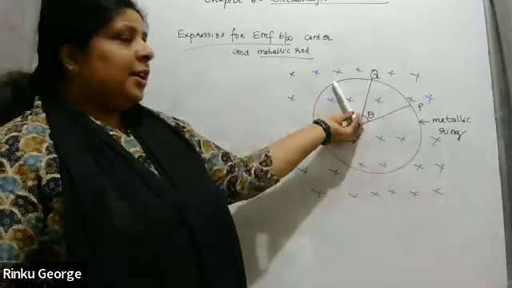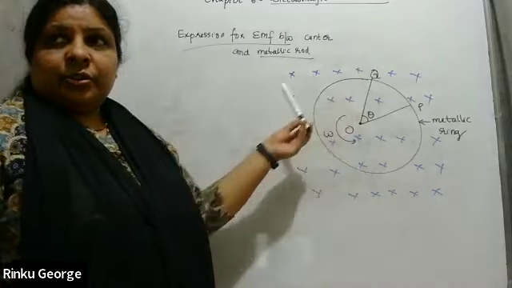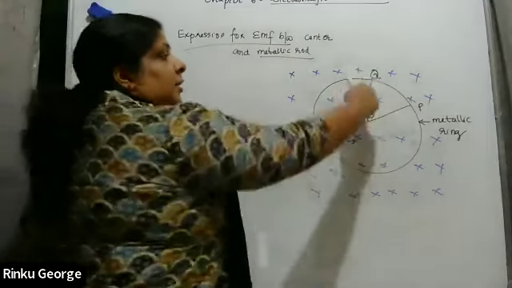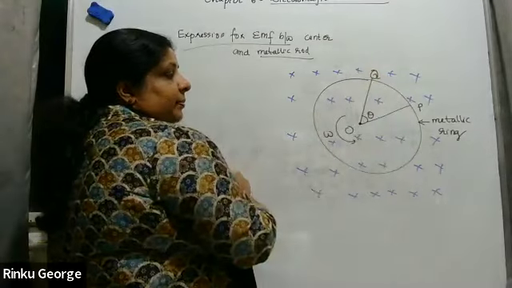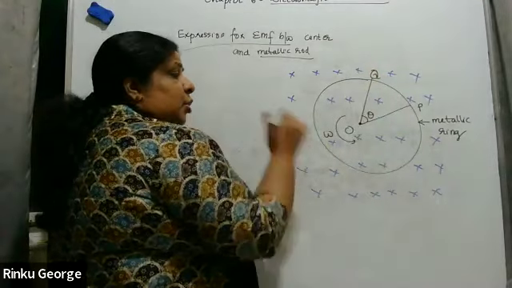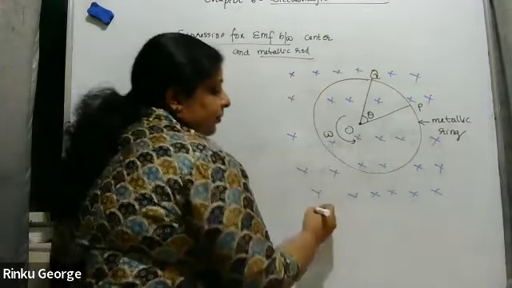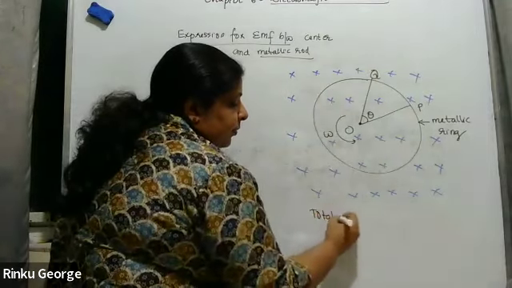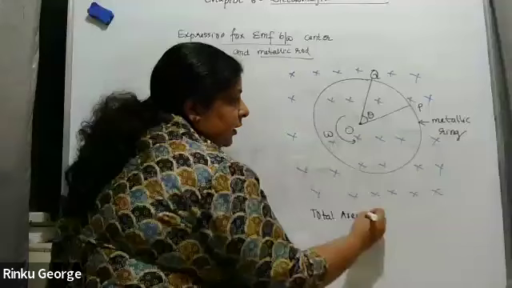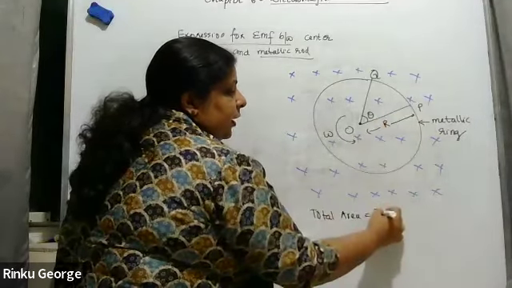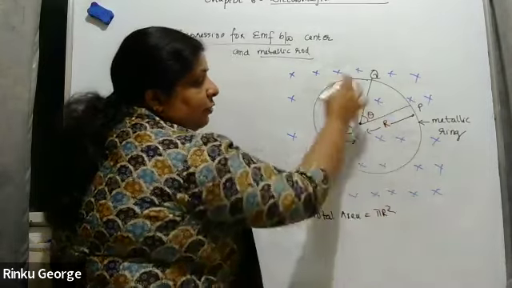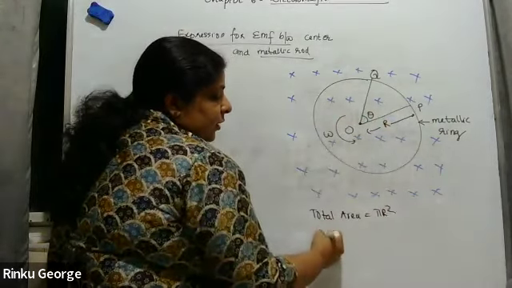If it rotated till here, the area is changing. What will be the area enclosed in this sector? Any idea? The total area is pi r square, where r is the radius. How will you find the area of a sector?